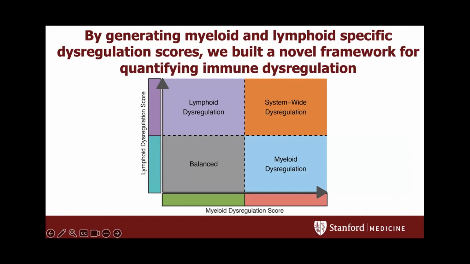We then split them into detrimental and protective genes and generated specific myeloid and lymphoid dysregulation scores, which can then give you a sense of how dysregulated the immune system is for a given context, allowing you to determine if you have a balanced response, compartmental cell type specific dysregulation, or more system-wide dysregulation.